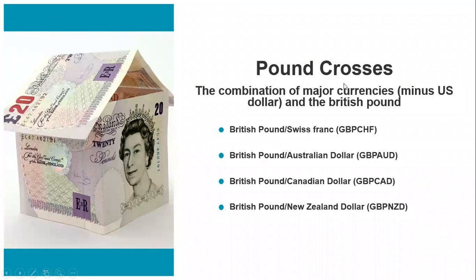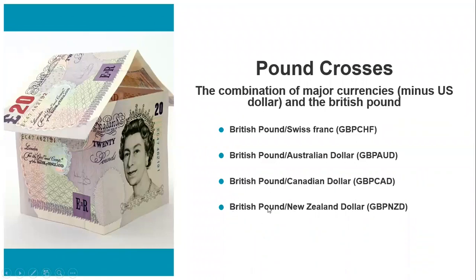For the pound crosses, the rest of the major currencies are paired with the pound. You have the British pound, Swiss franc, a major currency. British pound, Australian dollar, another major currency. The British pound, Canadian dollar, another major currency.